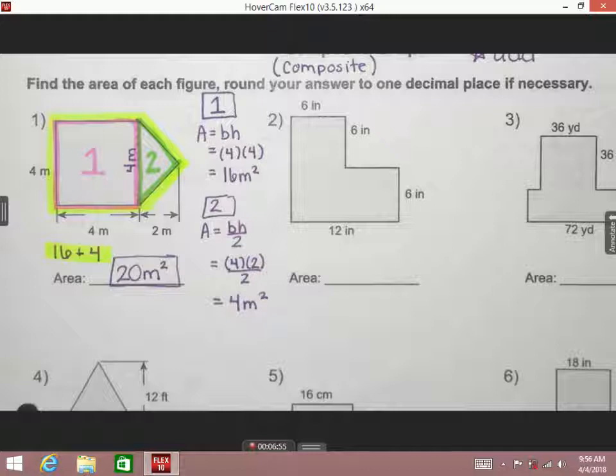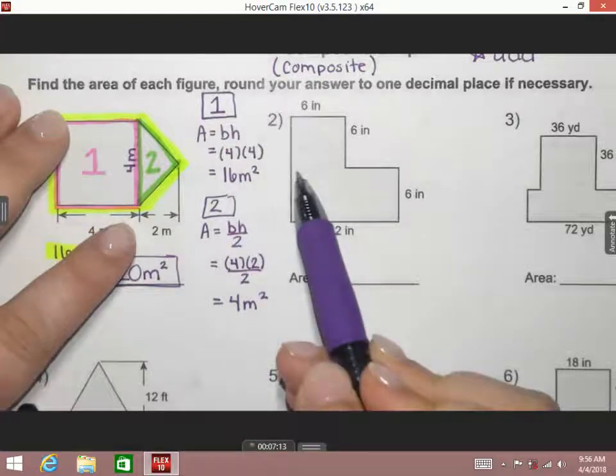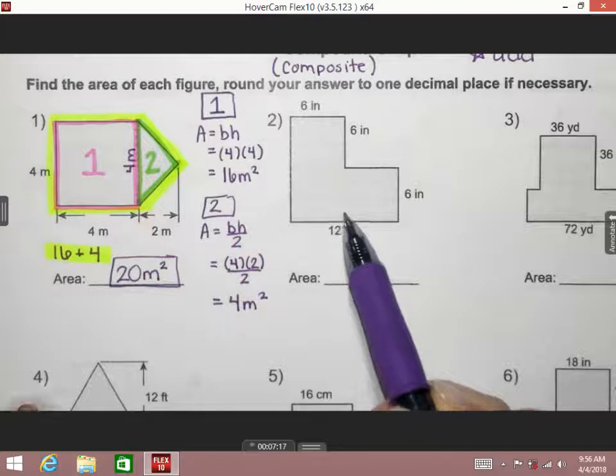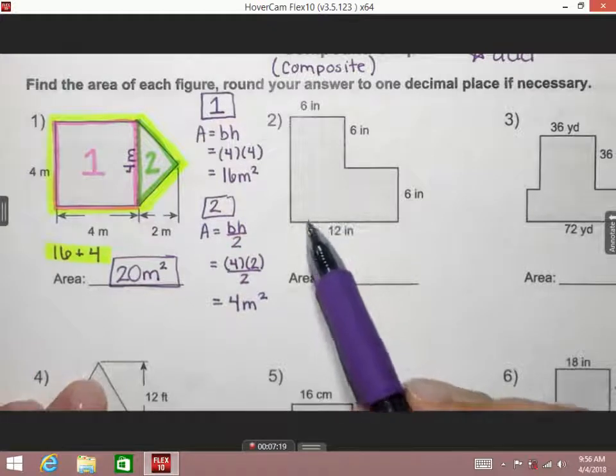All right. Number 2. Ethan, right up here and tell me where to split. You could either do it this way or that way. They'll both be the same shape. So Ethan said I can split it here or I can split it here. Now what I like to think of is which one gives me the best measurements.